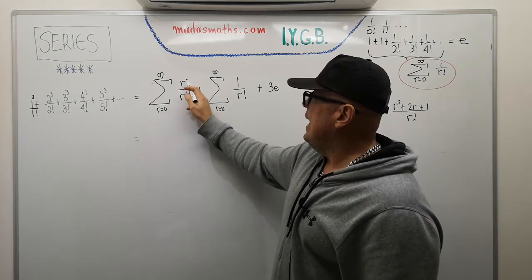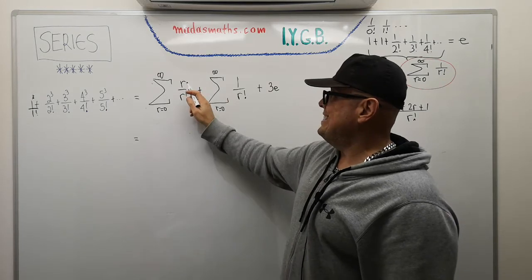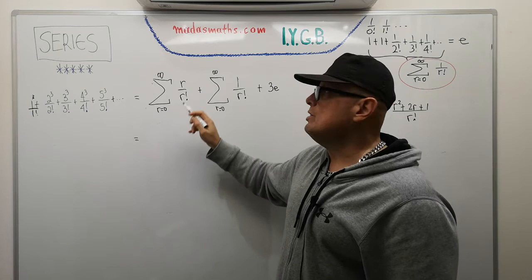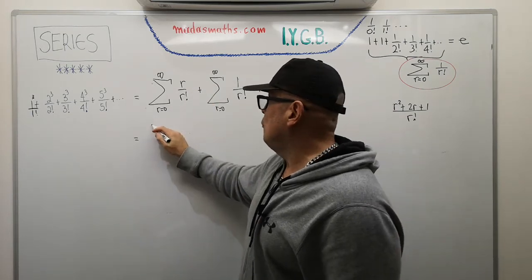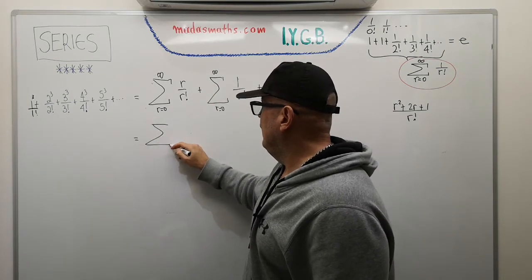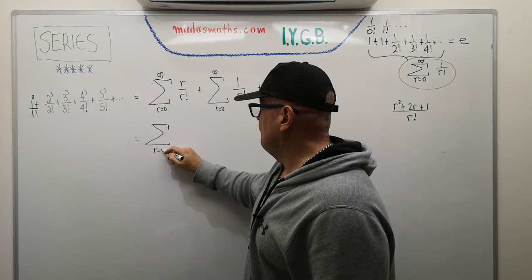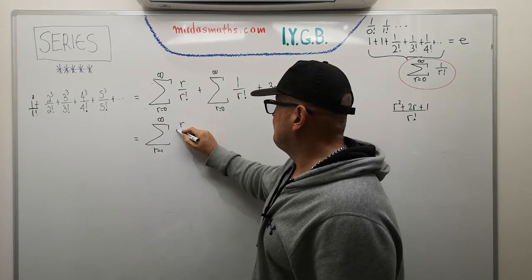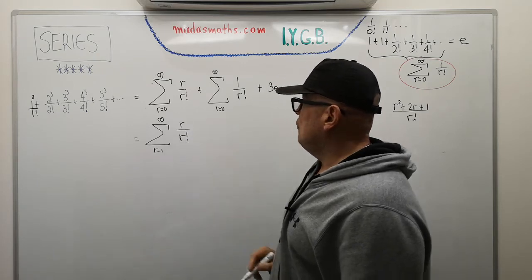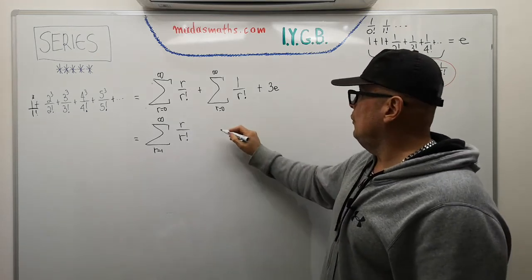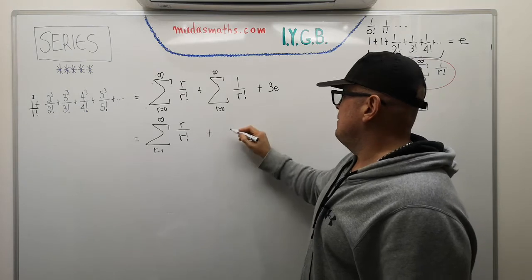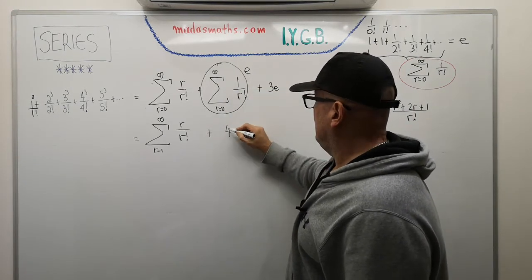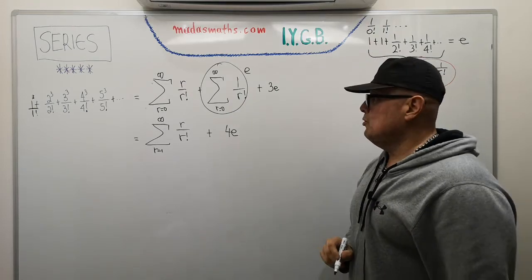When I put it in, the first term is in fact 0. It's going to be 0 over 0 factorial, which is 0 over 1, which is 0. So I can start it again from r is equal to 1, and lose nothing by doing so. So it's going to be r over r factorial plus e plus 3e, because that's another e, of course, is going to be 4e.